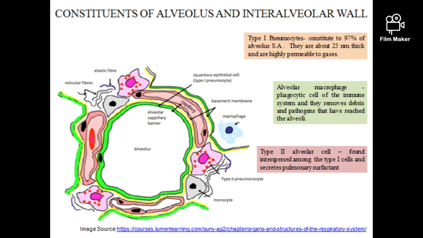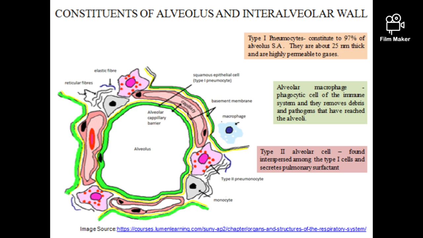The next cell, which is shaded in pink color in this picture, is the type 2 alveolar cell. It is called pneumonocytes. Pneumonocytes are dispersed cells that are found in between the type 1 cells, and they secrete the pulmonary surfactants.